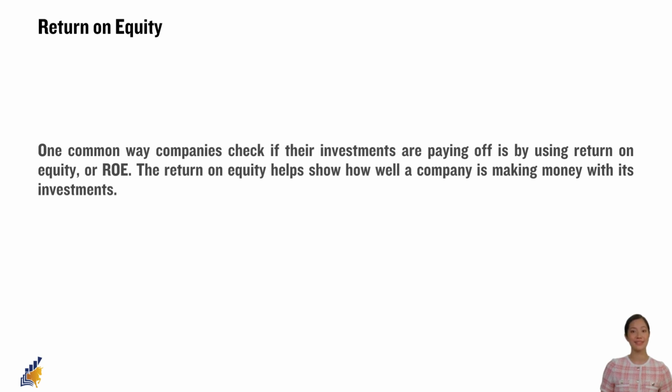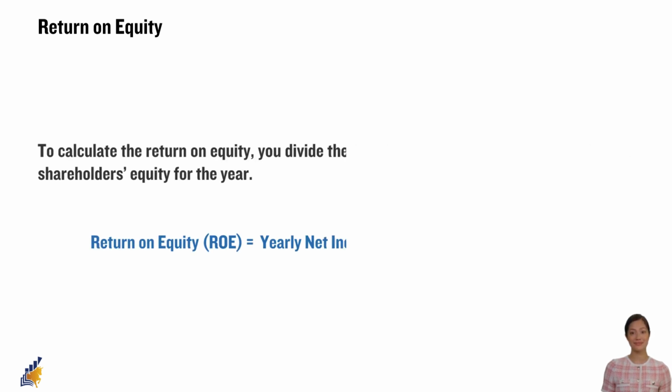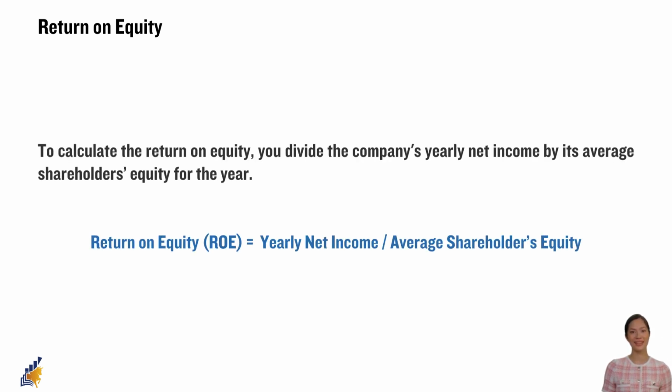The return on equity helps show how well a company is making money with its investments. To calculate the return on equity, you divide the company's yearly net income by its average shareholders' equity for the year. Let me show you how the return on equity analysis can reveal the truth about the strength of a company's business with a discussion about the railroad industry.